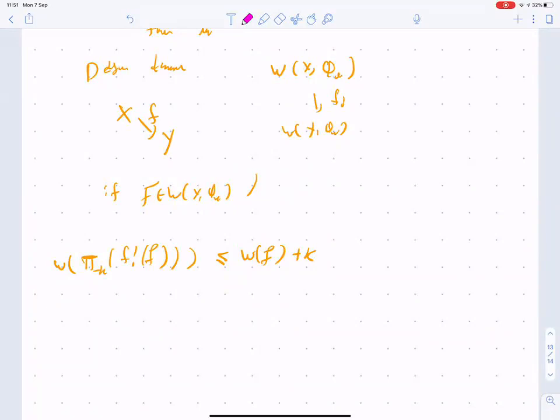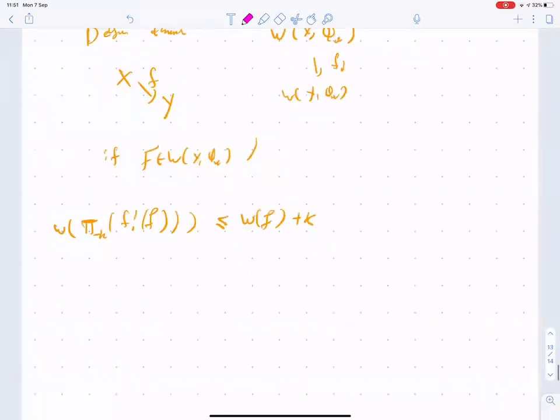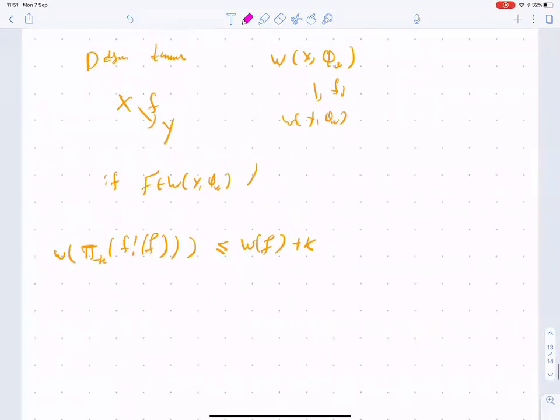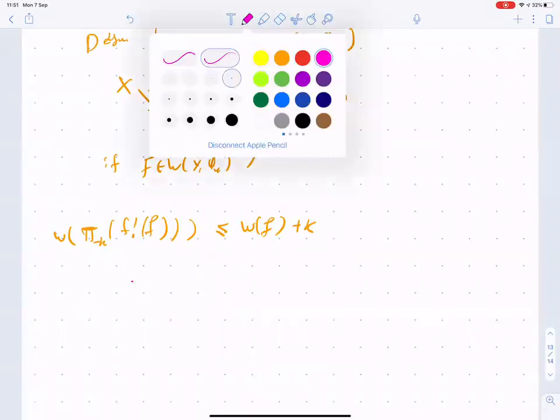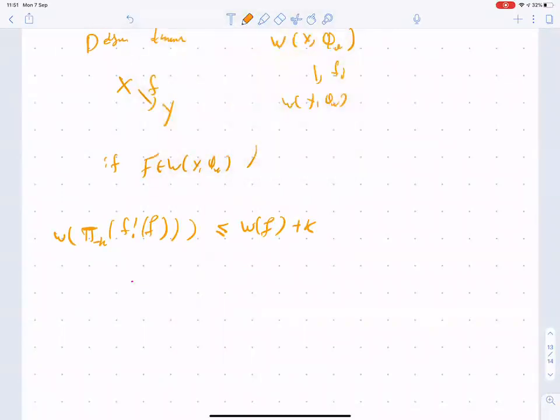So maybe I'll say what Lior said. Another way to say it is that you can say that F is of negative weight.